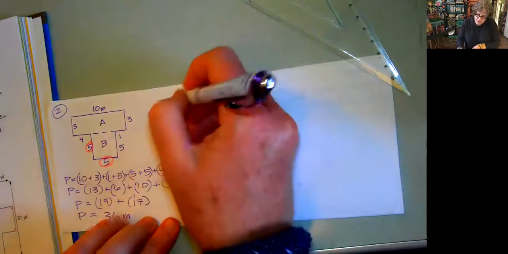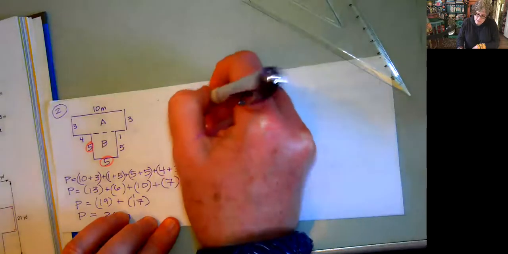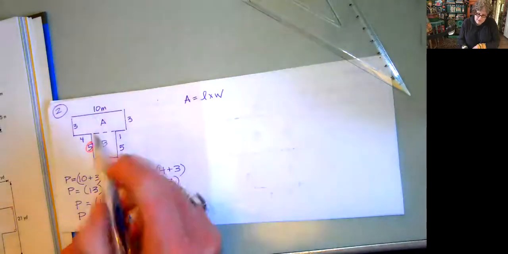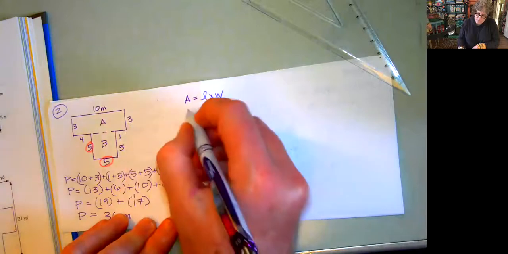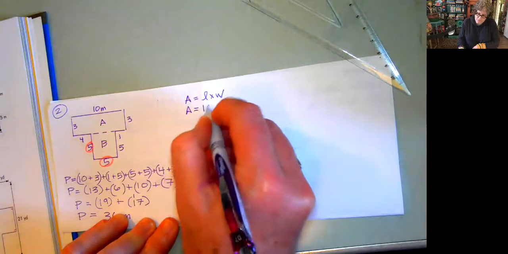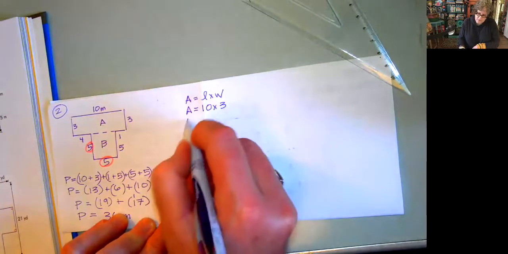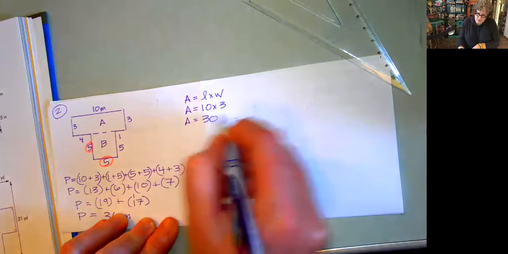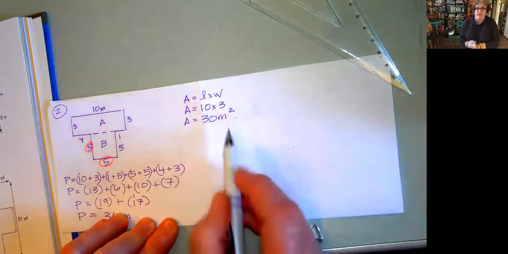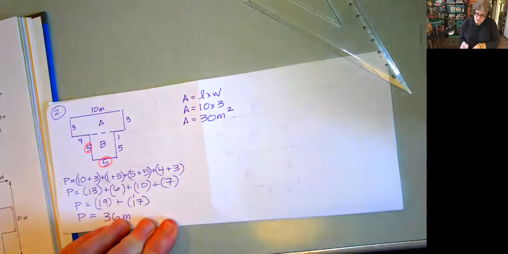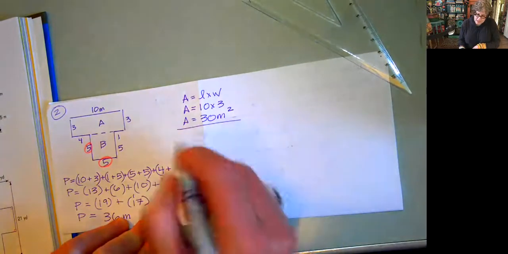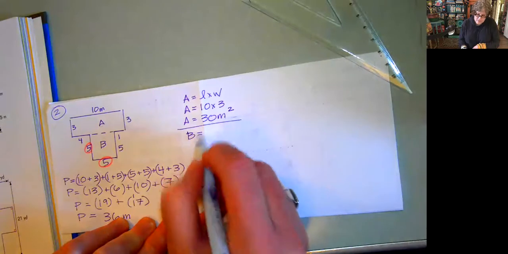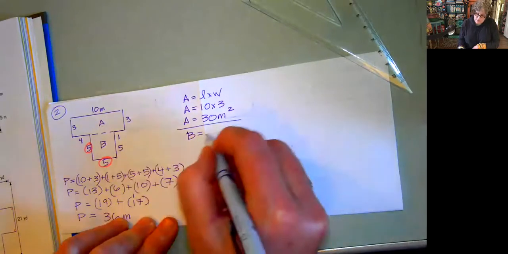So the area of A is going to be length times width. The length is 10, the width is 3. Remember, it's area, so it has to be square. And then we're going to find B. B is 5 times 5.